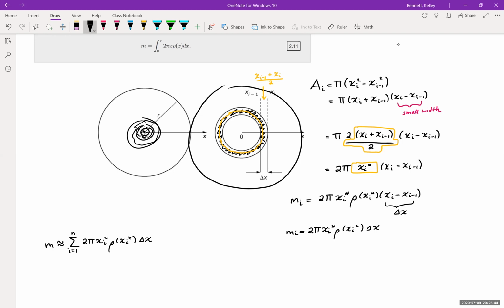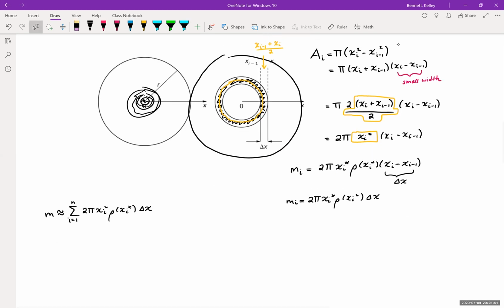And then the way that I convert this to a perfect measurement for mass is I take the limit. So now m is exactly equal to the limit as n goes to infinity of my Riemann sum, which is exciting because we know this is going to become an integral. So we have 2 pi x sub i star rho of x sub i star, and this becomes the integral of 2 pi x rho of x dx.